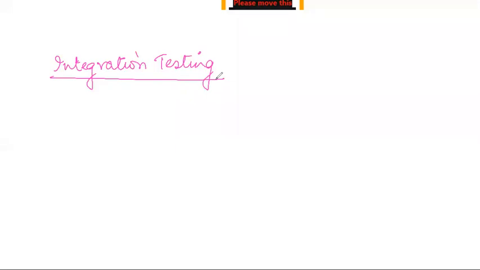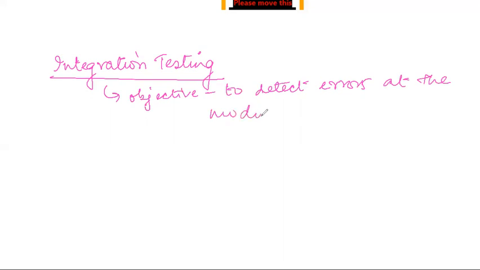Successful completion of unit testing, to a large extent, ensures that the unit as a whole works satisfactorily. Now, the objective of integration testing is to detect errors at the module interfaces.